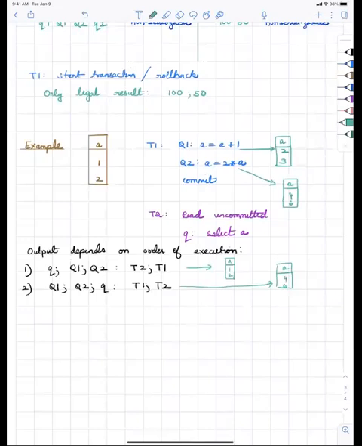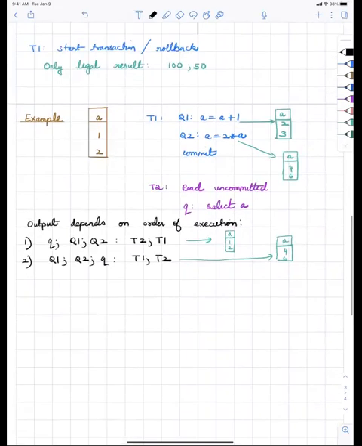Okay, those were the easy cases. The only non-serializable order, because you only have one transaction there, is if you did Q1 first, followed by Q, small q, and then Q2. This is the only non-serializable execution order.